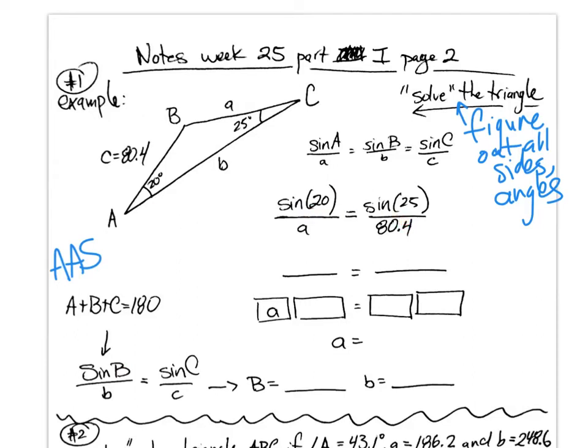It's all good. So we have a proportion, and after solving, so I plugged sine of 20 into the calculator, and I got 0.342, and sine of 25 was 0.423. So notice how this is sort of a general rule.